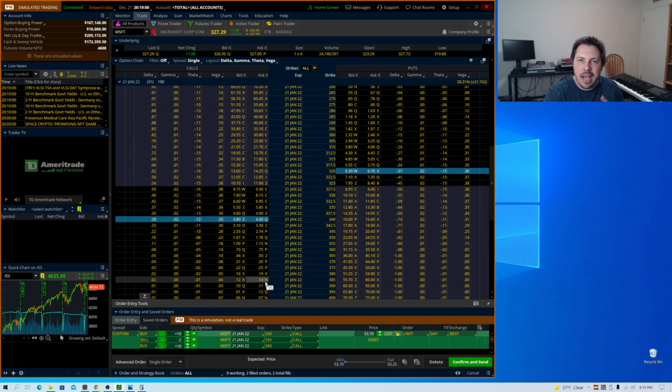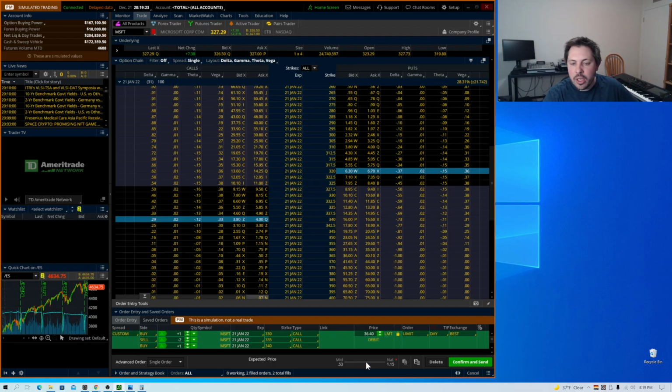Okay, so we have a 5-point spread, right? 5 points from 330 to 335 and 5 points from 335 to 340, where the outside wings are one contract, and then in the middle you have 2 contracts.